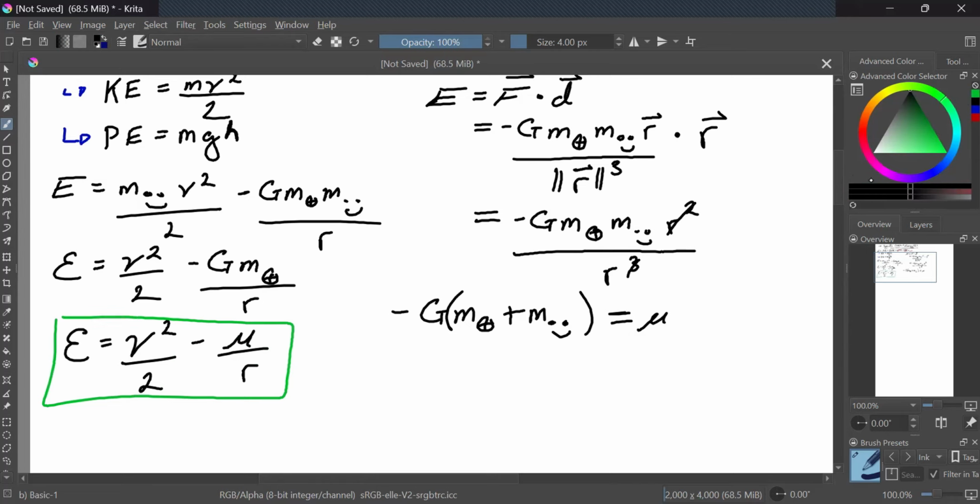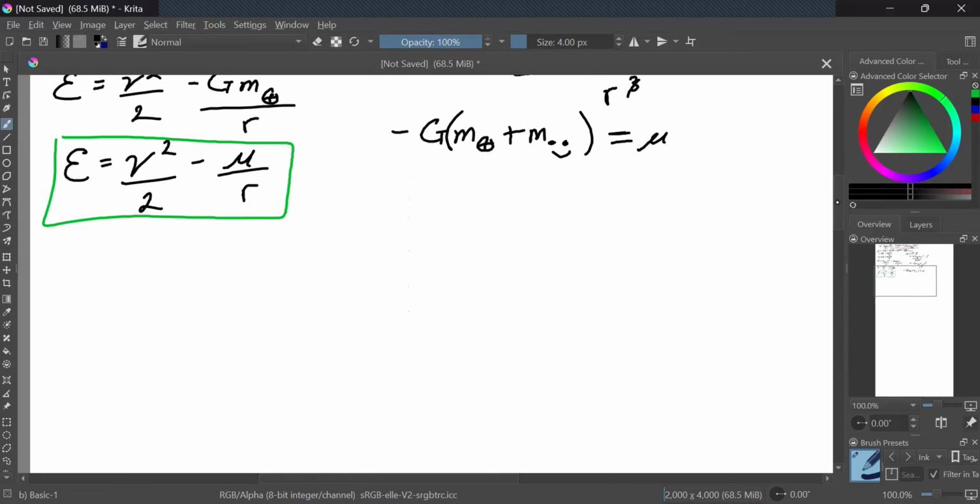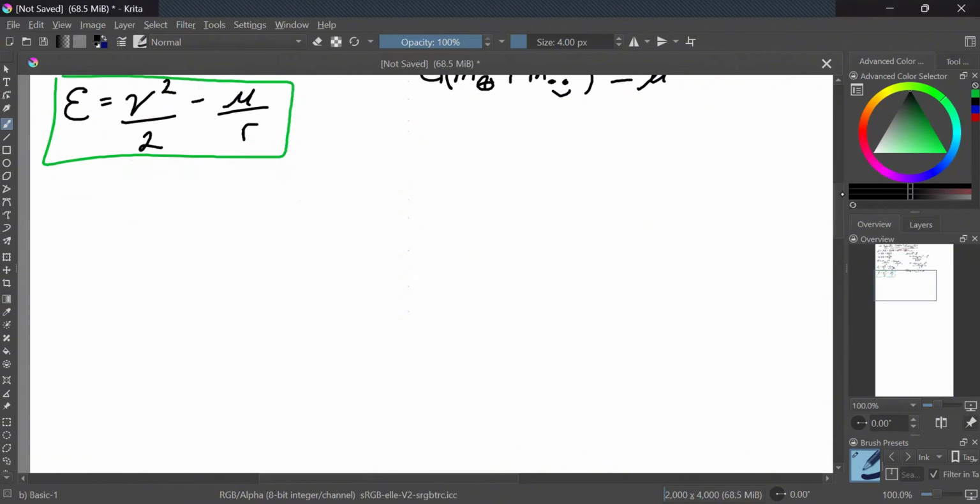Our specific orbital energy, which happens to be one of those constants of motion that I had mentioned earlier. So let's make sure that it is. We're going to take the time derivative of both sides.